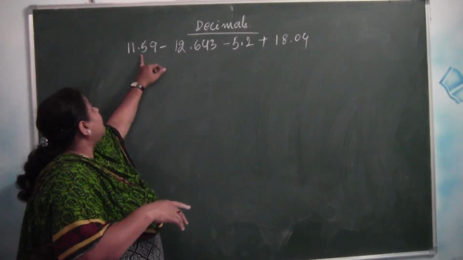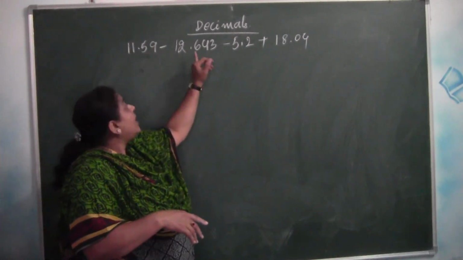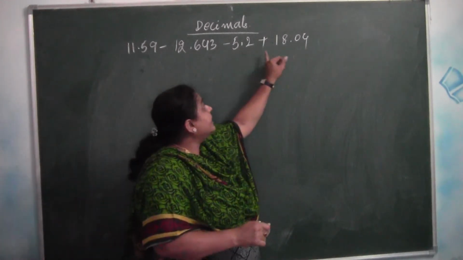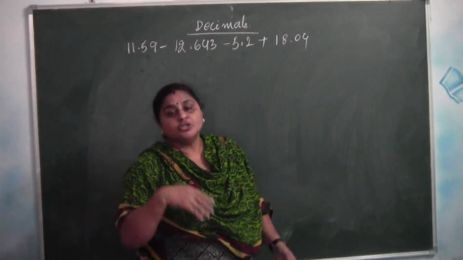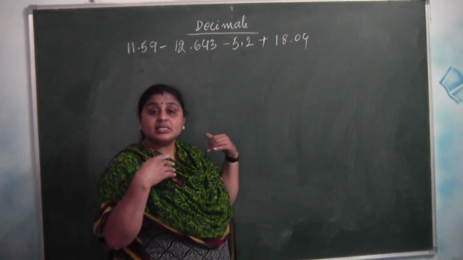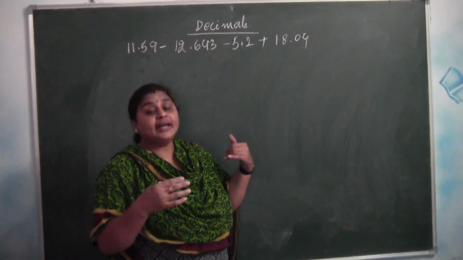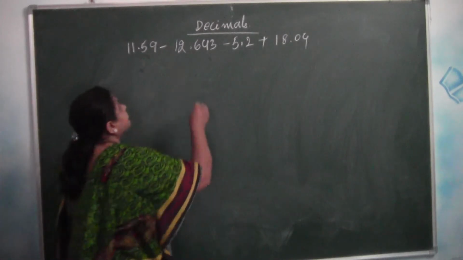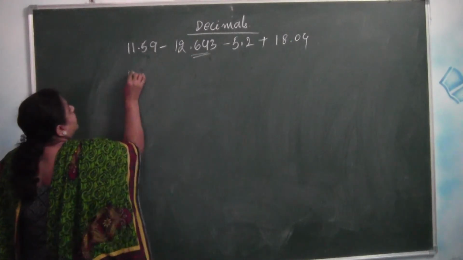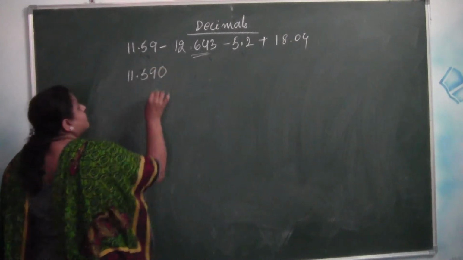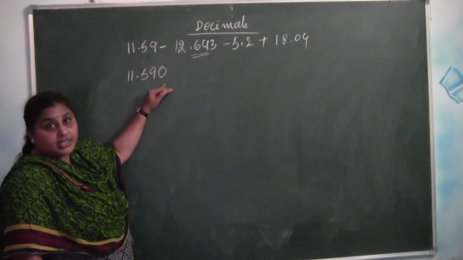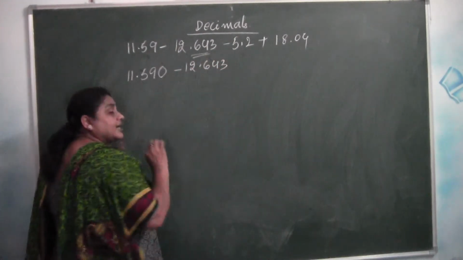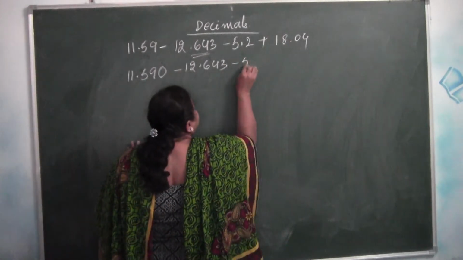Now let us check. After the decimal, 2 digits. After the decimal, 3 digits. After the decimal, 1 digit, and after the decimal, 2 digits. So first let us convert these unlike decimals to like decimals. What is the highest number of digits after the decimal? 3. Now 11.59, I am adding a 0 to make 3 digits, minus 12.643, it already has 3 digits, minus 5.2.